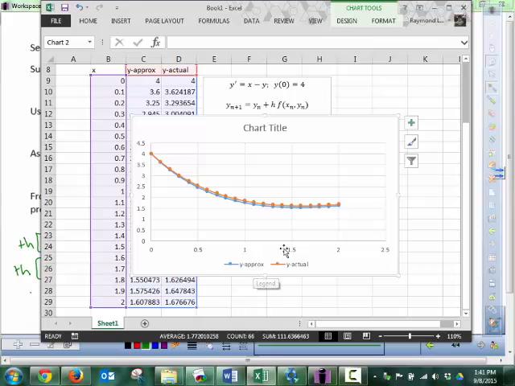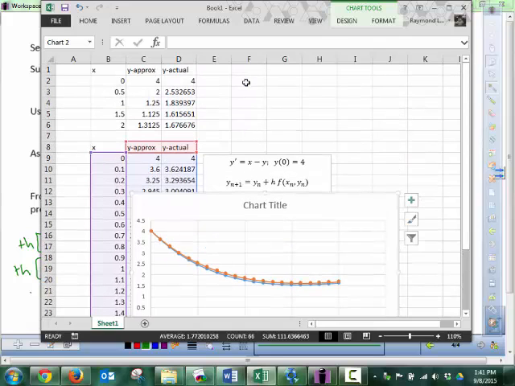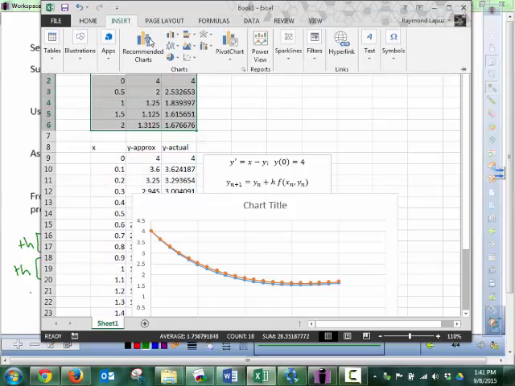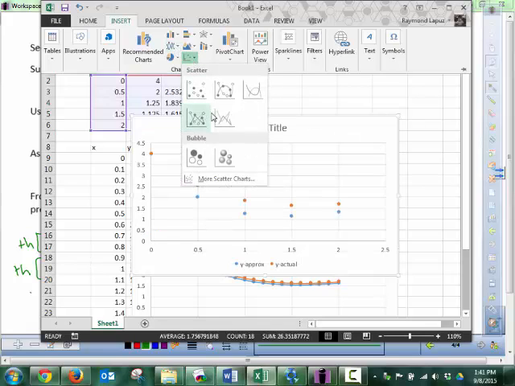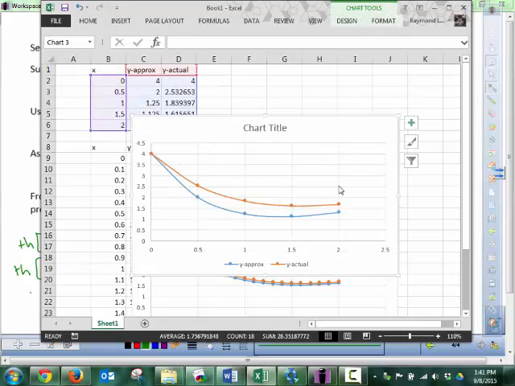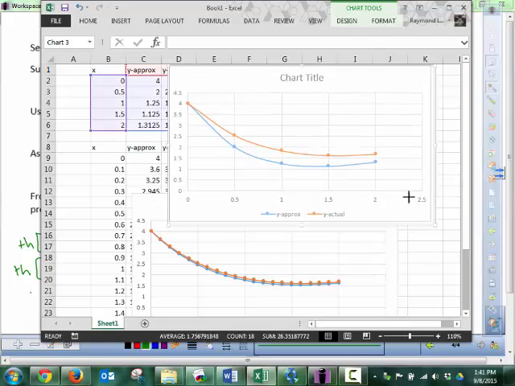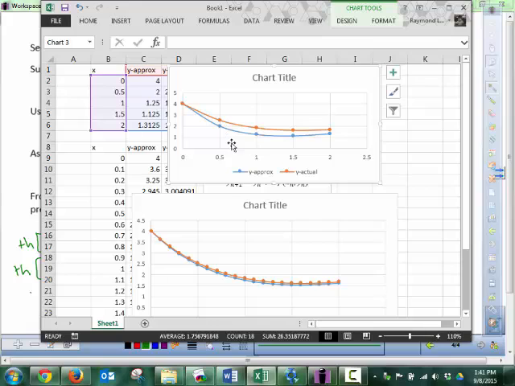So the approximation is in blue, and then the other one is in red. Now let's compare that to my first attempt. So this is my first attempt, which is kind of off. You see the distances between those two graphs are a lot bigger than the distances between these two graphs. Okay?